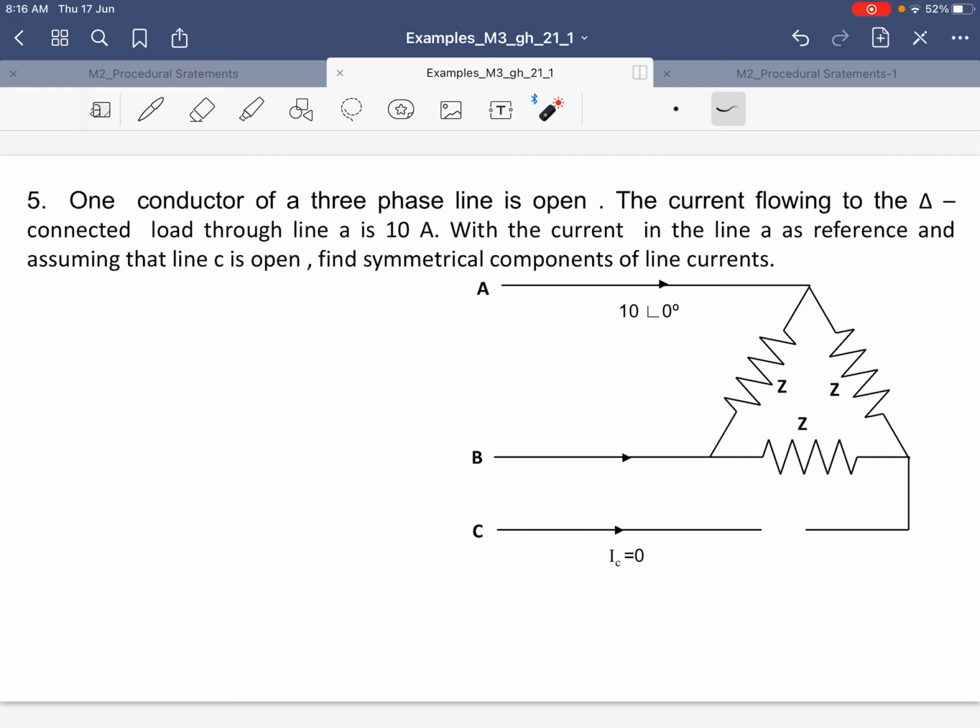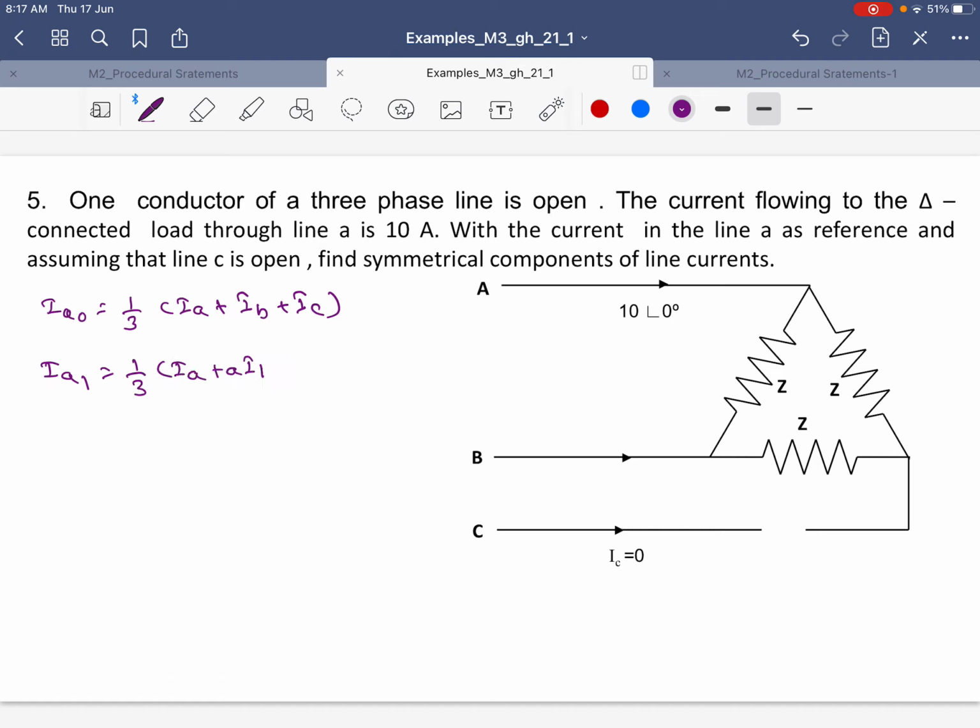Our objective is to find IA naught, which equals 1/3 (IA plus IB plus IC), IA1, which is 1/3 (IA plus A IB plus A square IC), and IA2, which is 1/3 (IA plus A square IB plus A IC).